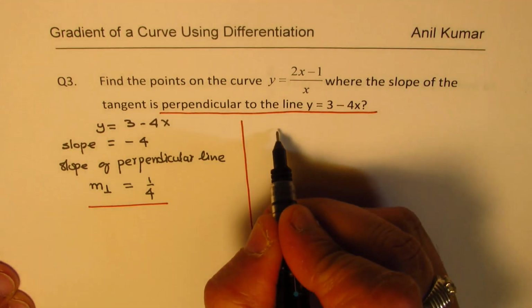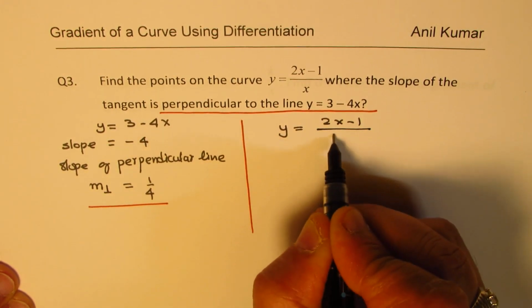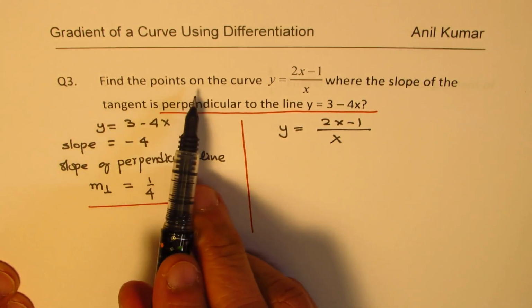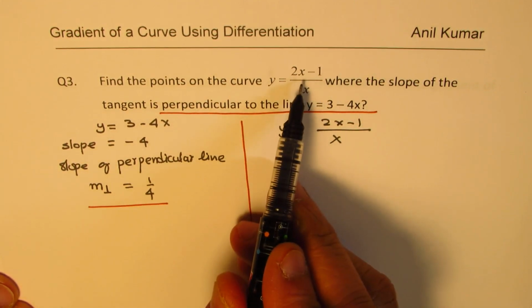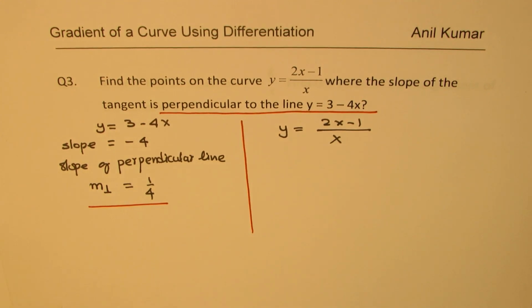What is the function given to us? We are given y equals 2x minus 1 over x. We have to find points on this curve which have a tangent with a slope of positive 1 over 4.